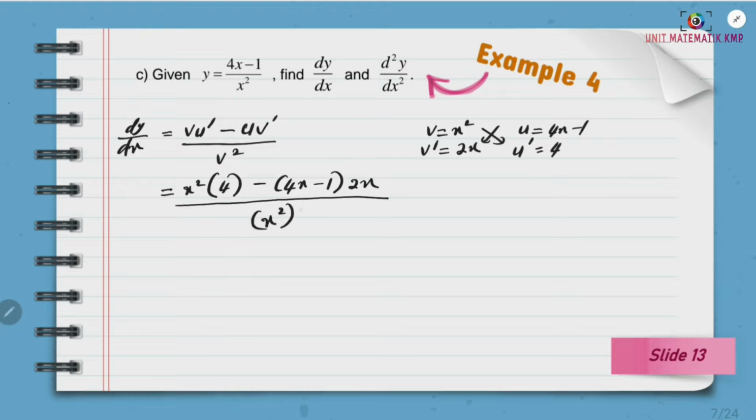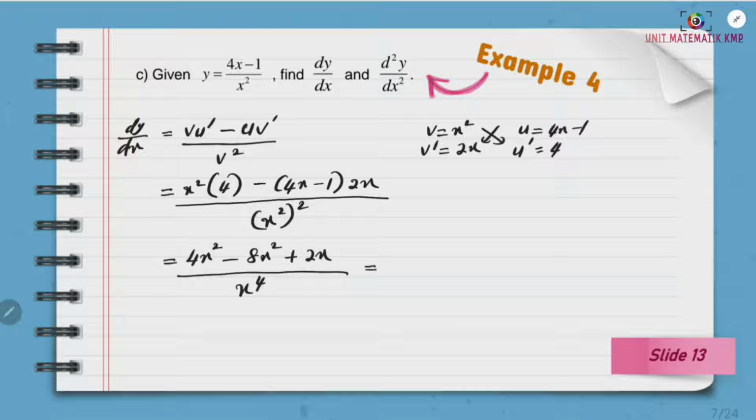x squared squared. So, we can simplify: 4x squared minus 8x squared plus 2x divided by x power 4. And we have negative 4x squared plus 2x divided by x power 4.